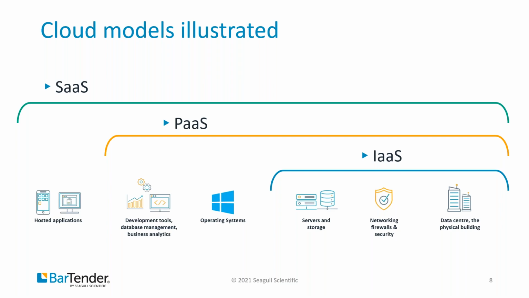So this is where they would add in their own applications, their own systems and services. And with SaaS, this is where the full stack is on offer to the consumers of the cloud service. So the infrastructure, the platform, but also the applications. So again, if we think back to Office 365, the hosted applications will be the Office applications such as Word, Excel, PowerPoint, etc.